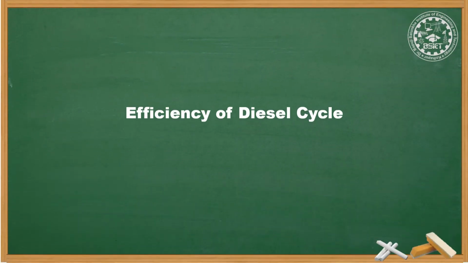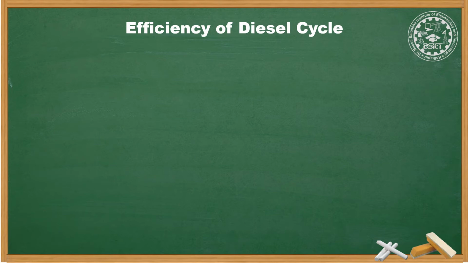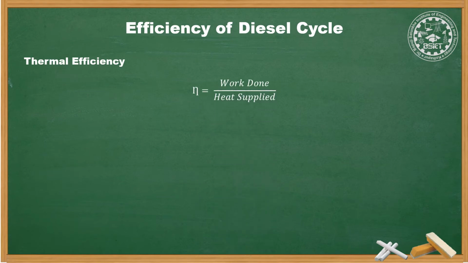Now for calculating the efficiency of the diesel cycle, we know that the efficiency is given by work done upon heat supplied. The net work done W is Q1 minus Q2, upon heat supplied, that is Q1. So the efficiency formula is equal to (Q1 minus Q2) upon Q1.